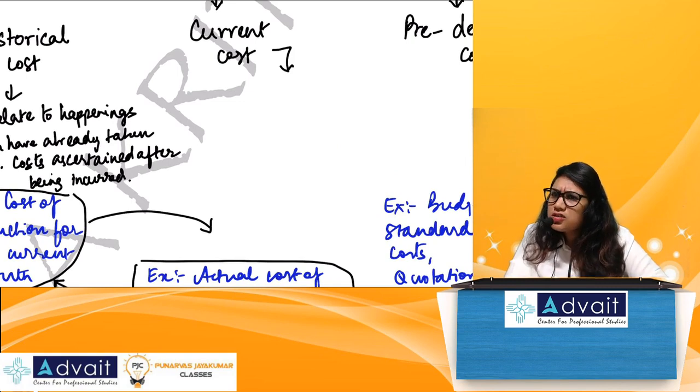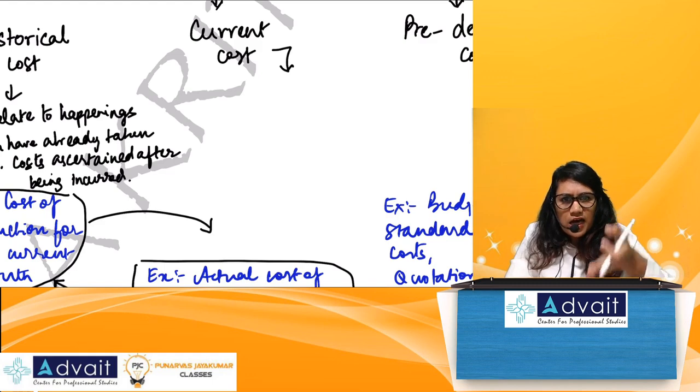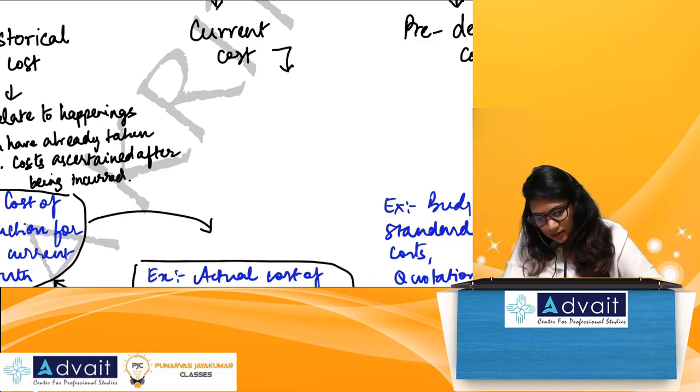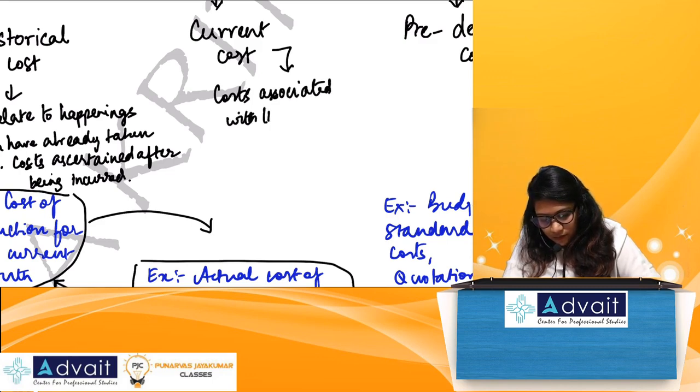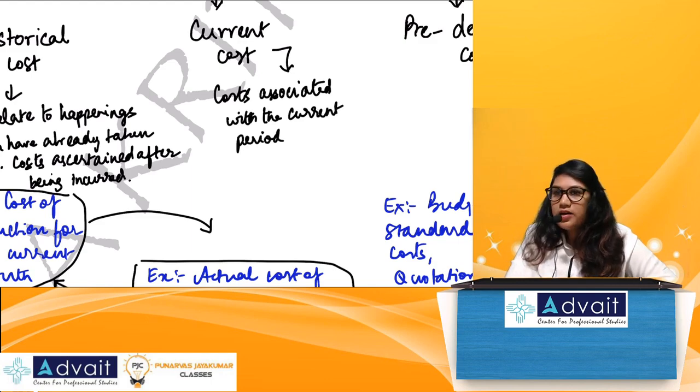Next, current cost. What is current cost? As the name suggests, costs associated with the current period. So please write costs associated with the current period.